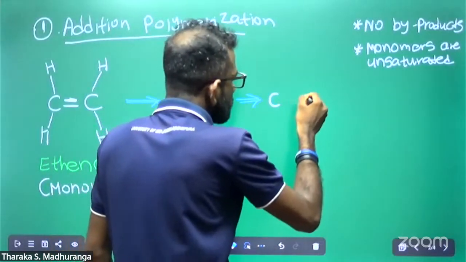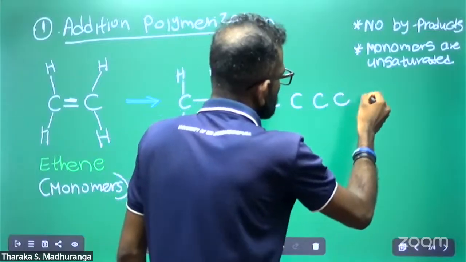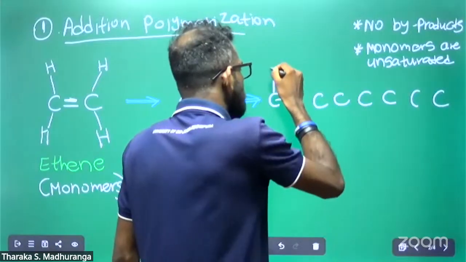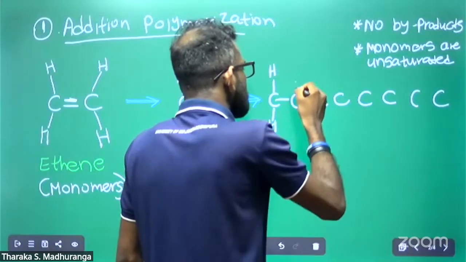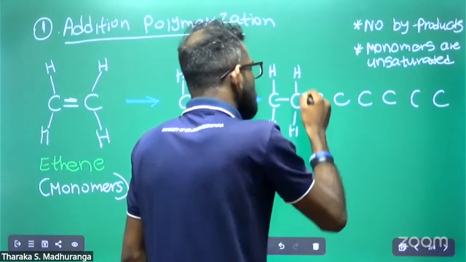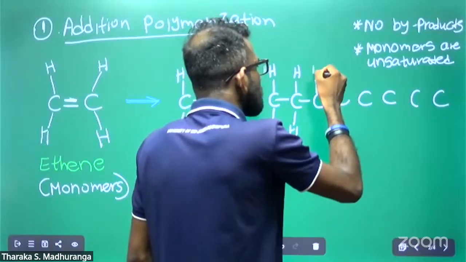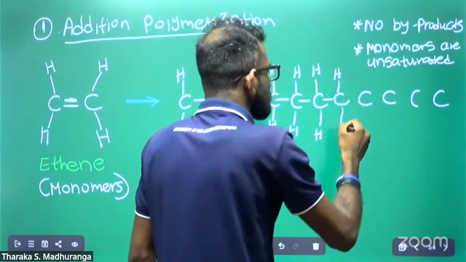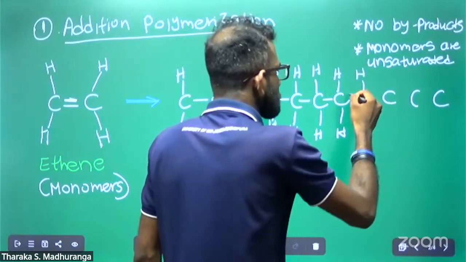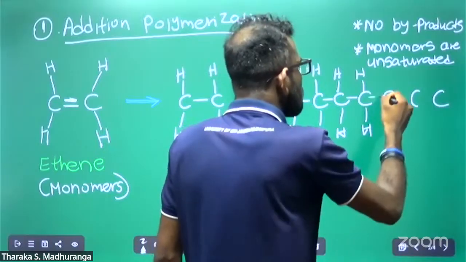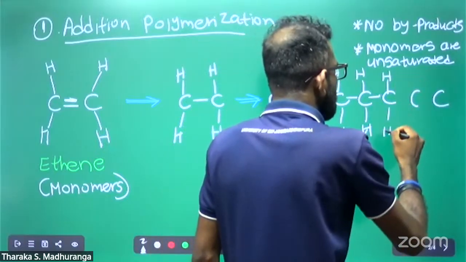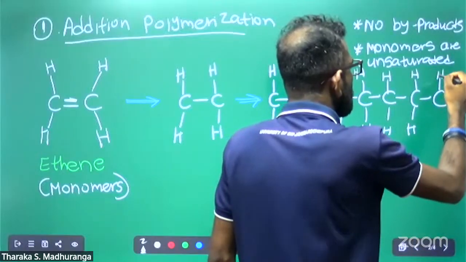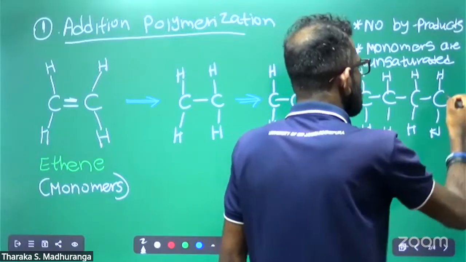That's the polymerization. Think this is an ethene. This carbon connects with this carbon, then the hydrogens are saturated. Many ethenes combine with each other again and again.